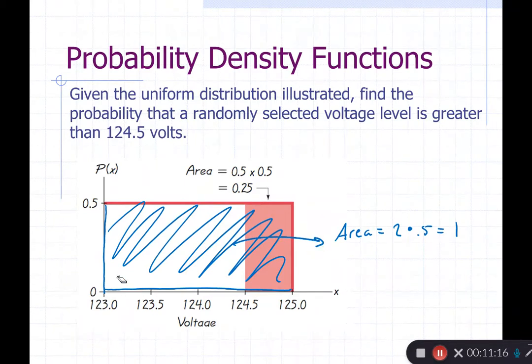And if we wanted to find the probability that a randomly selected voltage level is greater than 124.5 volts, we're looking for the probability that X is greater than 124.5.